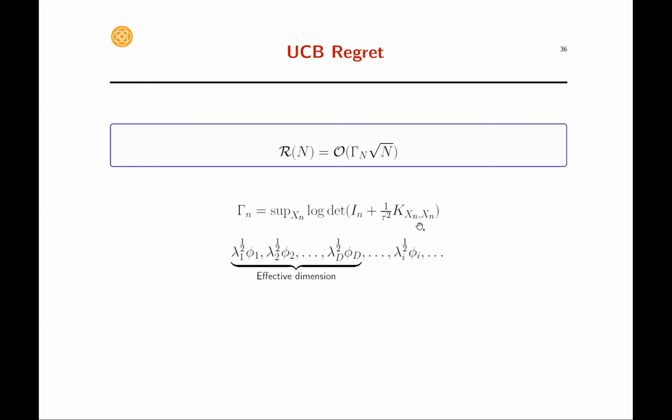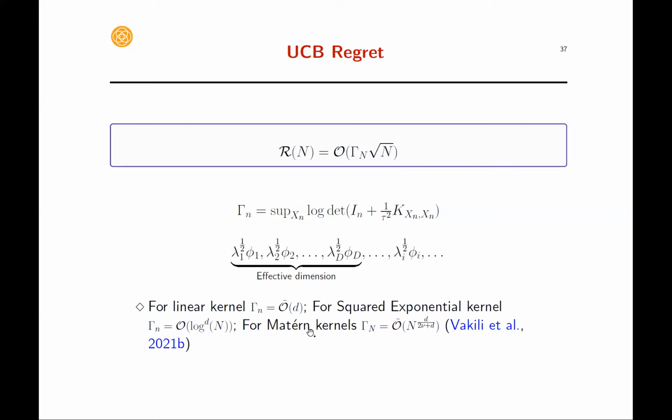So, different interpretations. I'm not going to go into the details of gamma n, but I will share papers written specifically on gamma n that you can look into. It's a bit of a tangent to the topic, but I just want to mention what we mean by complexity.